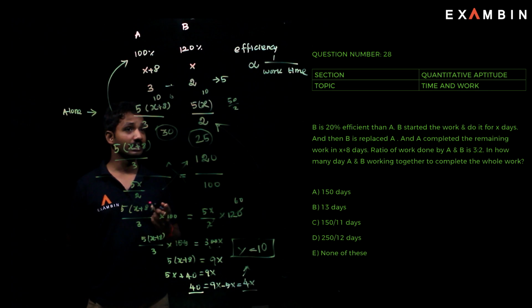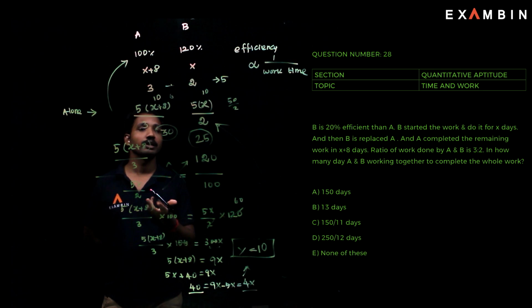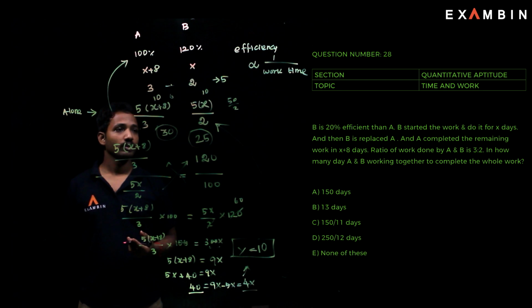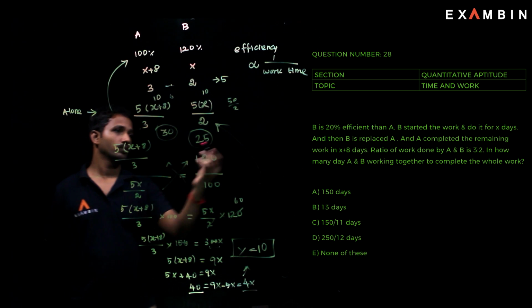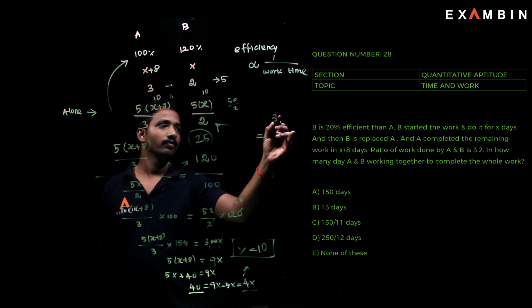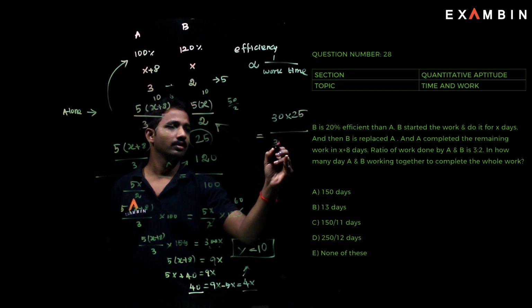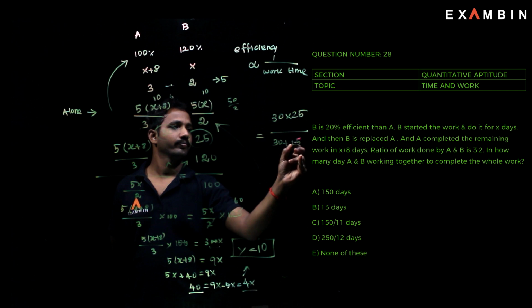Now, if A and B work together, how many days will it take? For working together, we multiply these 30 into 25 and divide by 30 plus 25.